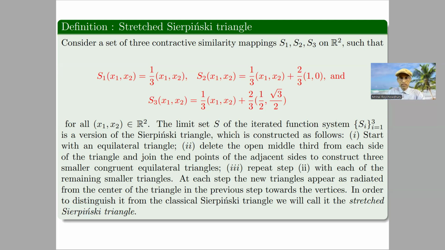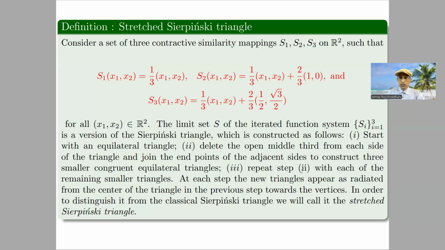The limit set S of the iterated function system is a version of the Sierpinski triangle, which is constructed as follows. Start with an equilateral triangle. Delete the open middle third from each side of the triangle and join the endpoints of the adjacent sides to construct three smaller congruent equilateral triangles.